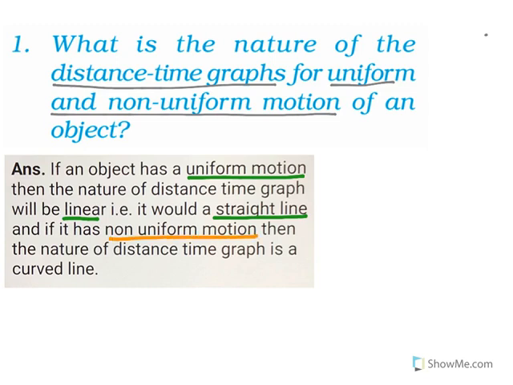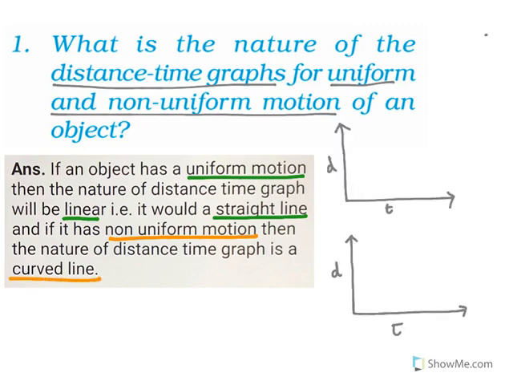But if an object is in non-uniform motion, then the nature of the distance time graph is a curved line. So uniform motion is a straight line, and non-uniform motion distance time is a curve. So this is uniform motion and here is non-uniform motion.